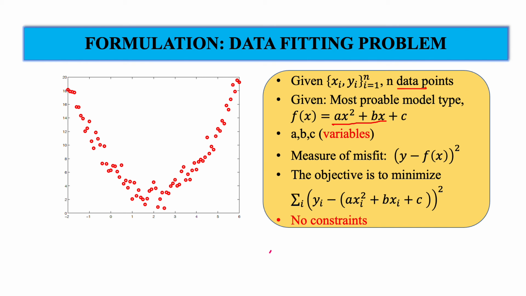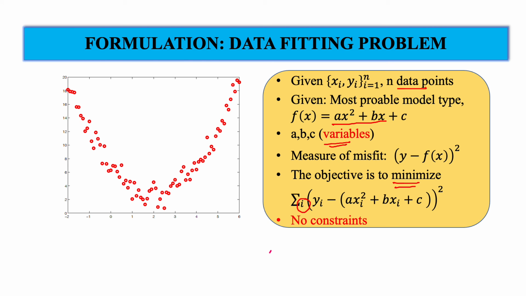Here a, b and c are unknown parameters, so they are called variables. The measure of misfit is the difference between y and f(x), so we want the misfit for every point to be minimized.